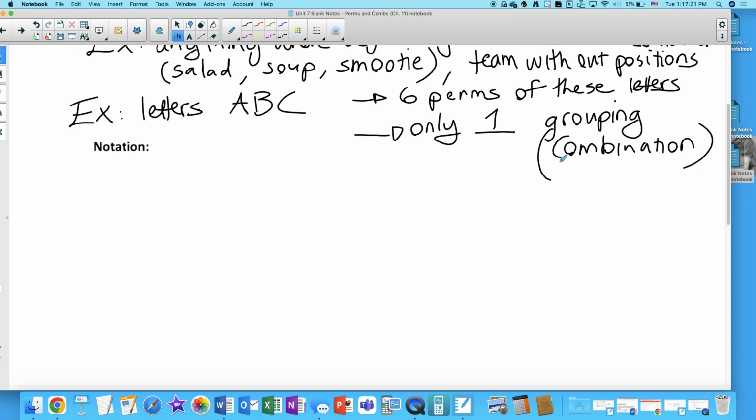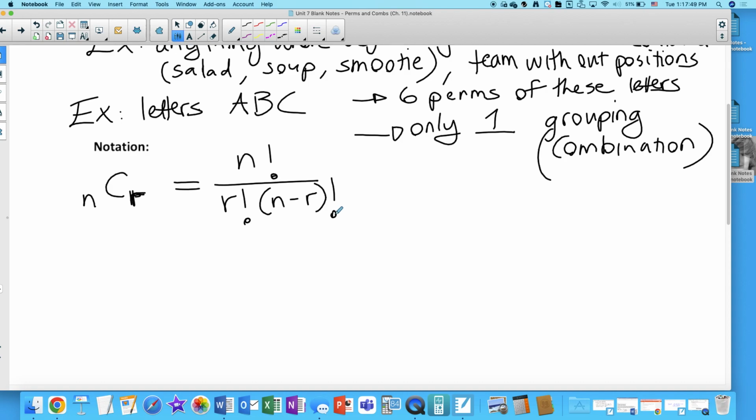The formula, nCr: if you have n objects and you're only combining r of them, let's say I want to make a group of 5 out of this class, and there's 26 of you in the class, so it'd be 26C5, or combined 5, is n factorial over r factorial times n minus r factorial.